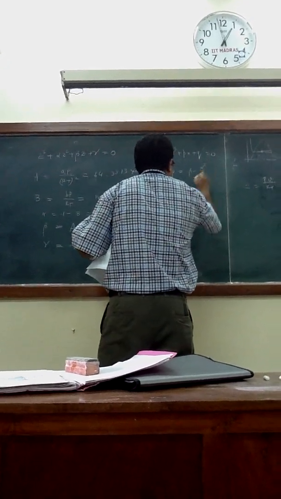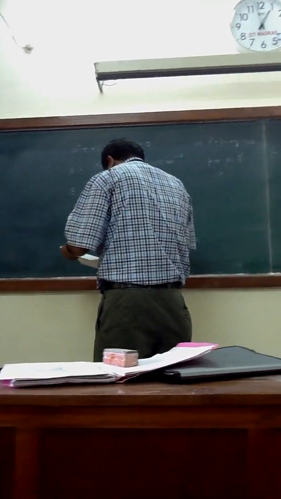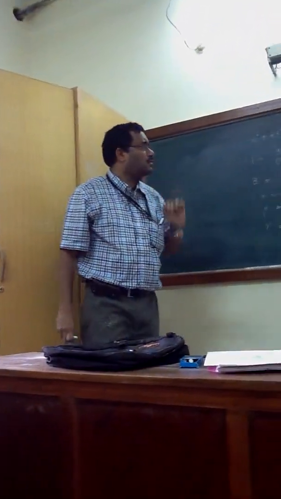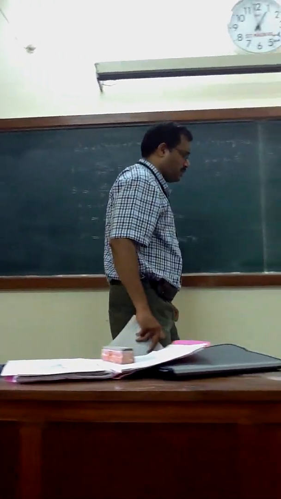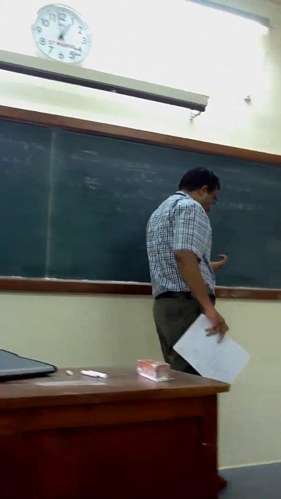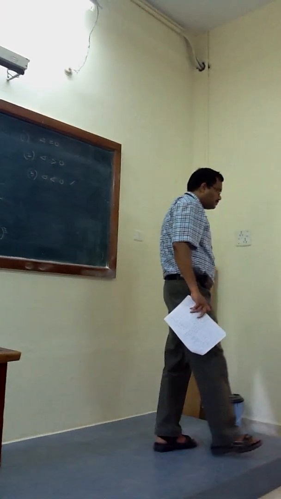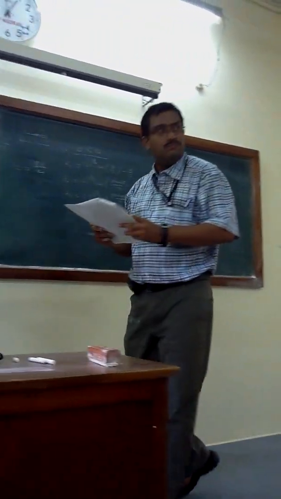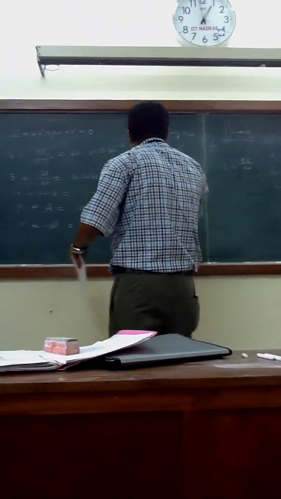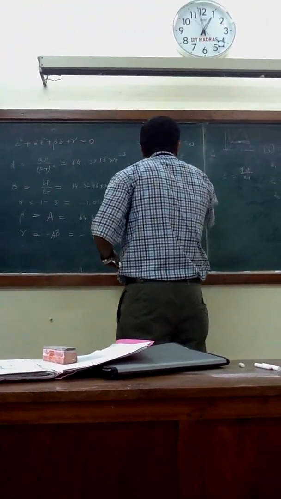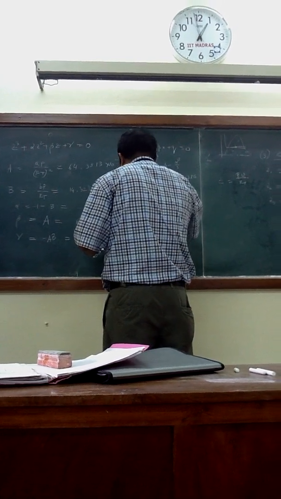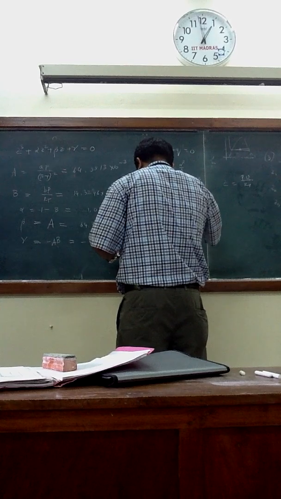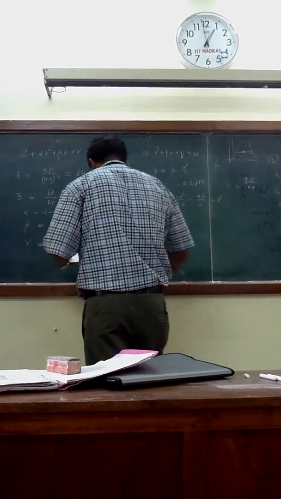How much are you getting? Minus 0.2786. And Q, which is 2 alpha cube by 27 minus alpha beta by 3 plus gamma.